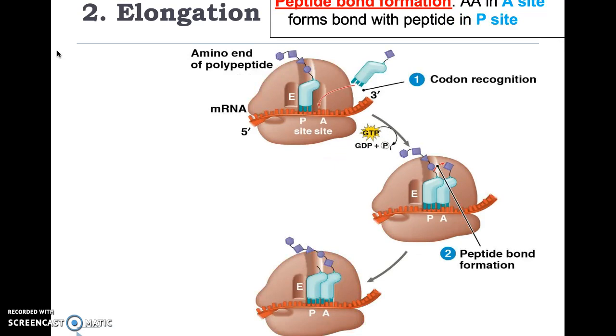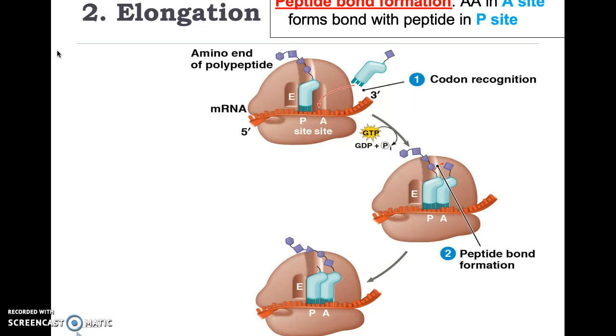Something else that occurs in the second step of translation, again called elongation, is the actual peptide bond formation. That's the type of bond that keeps amino acids together in a protein or in a polypeptide chain.